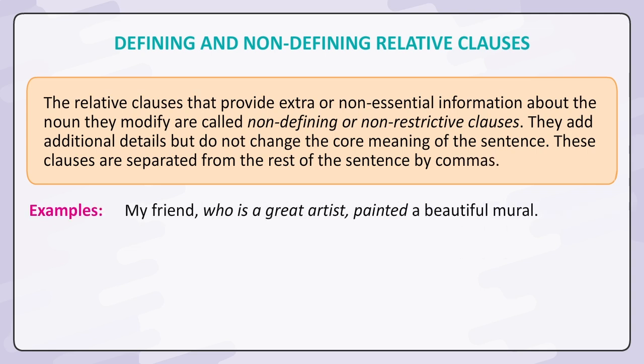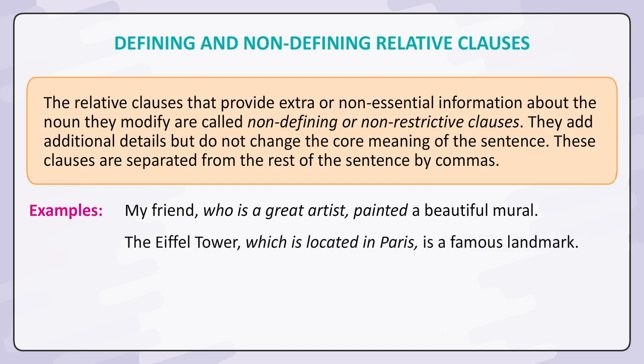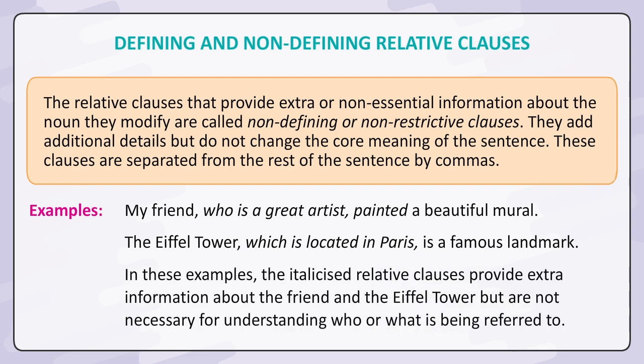Examples: My friend, who is a great artist, painted a beautiful mural. The Eiffel Tower, which is located in Paris, is a famous landmark. In these examples, the relative clauses provide extra information about the friend and the Eiffel Tower, but are not necessary for understanding who or what is being referred to.